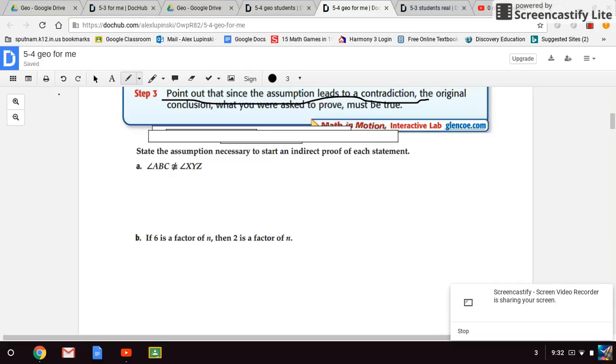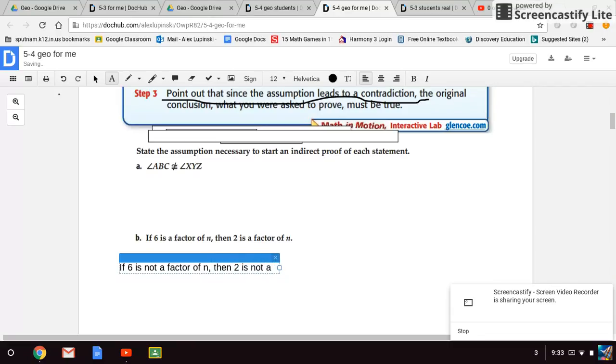So you're going to write, if 6 is not a factor of n, then 2 is not a factor of n.